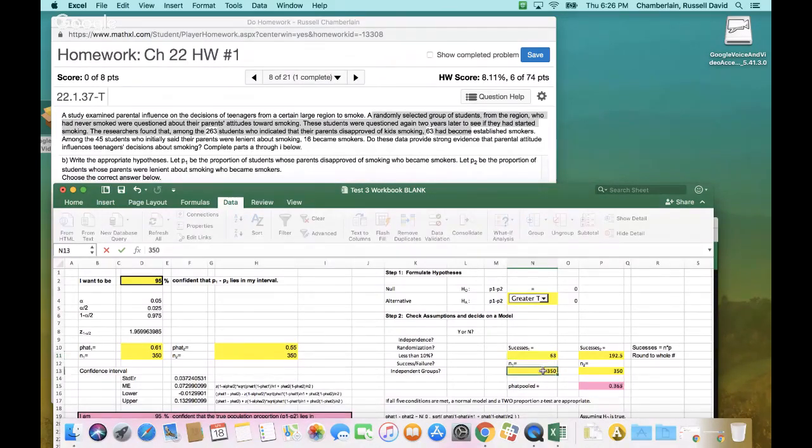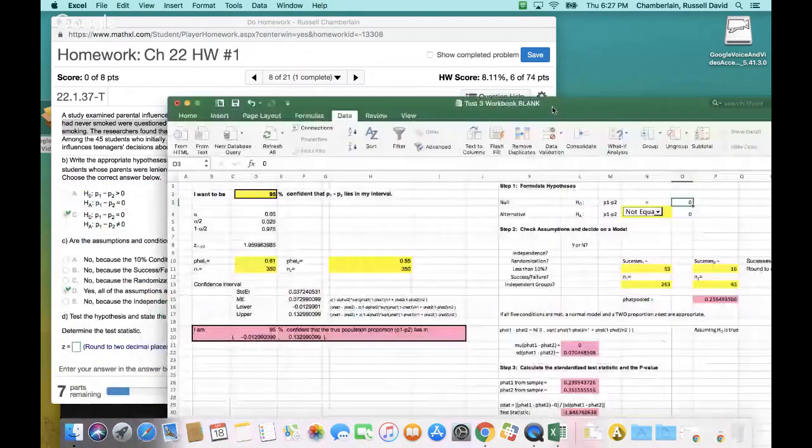The next one is going to be the 16 out of 45. We are assuming they're equal, and we're going to test to see if they're in fact not equal.